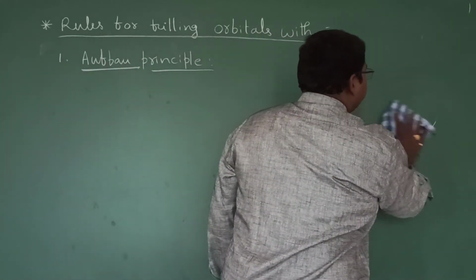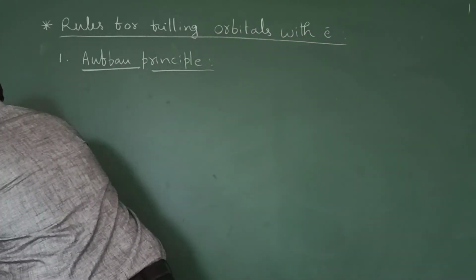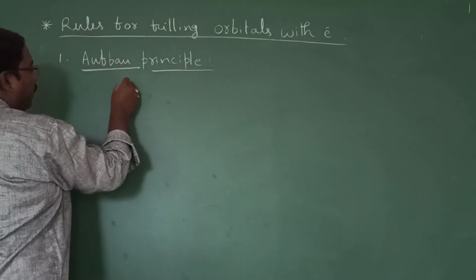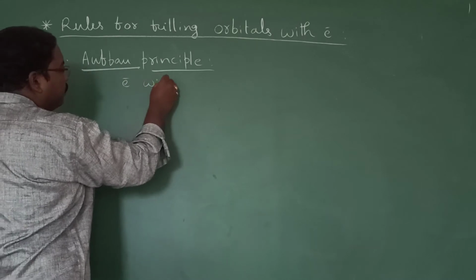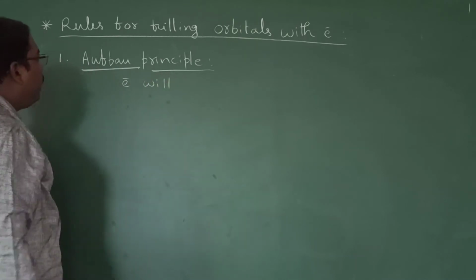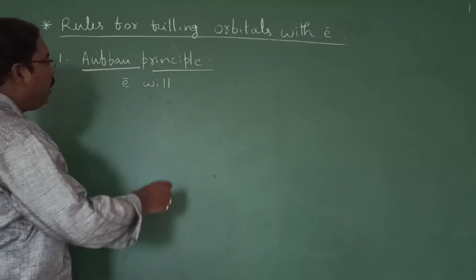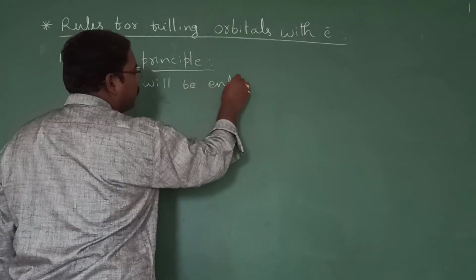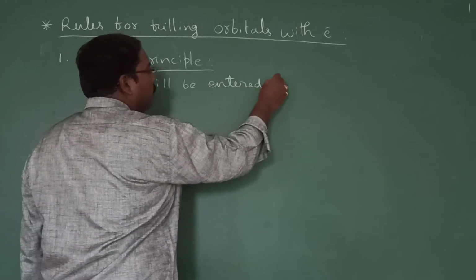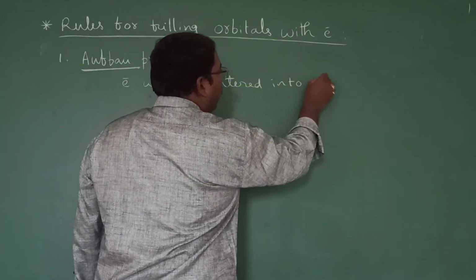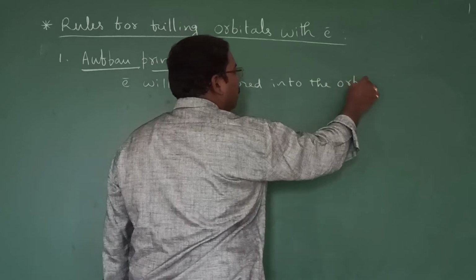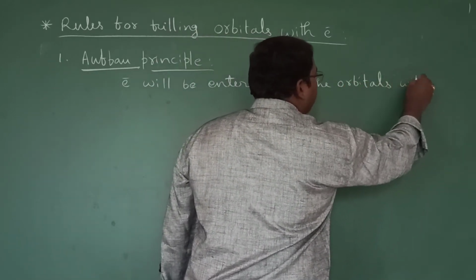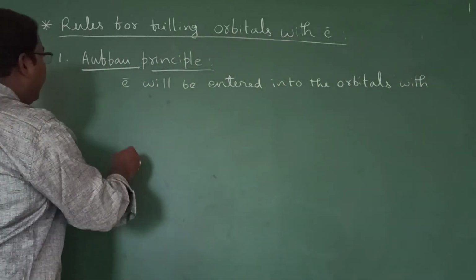The rule is, according to this principle, electrons will be entered into the orbitals with the lower energy.